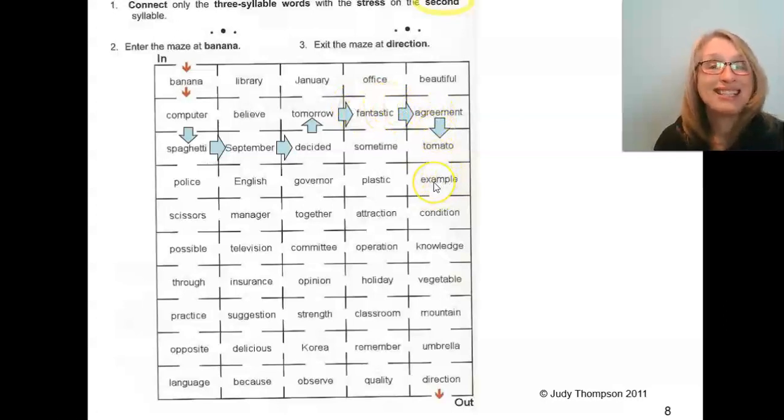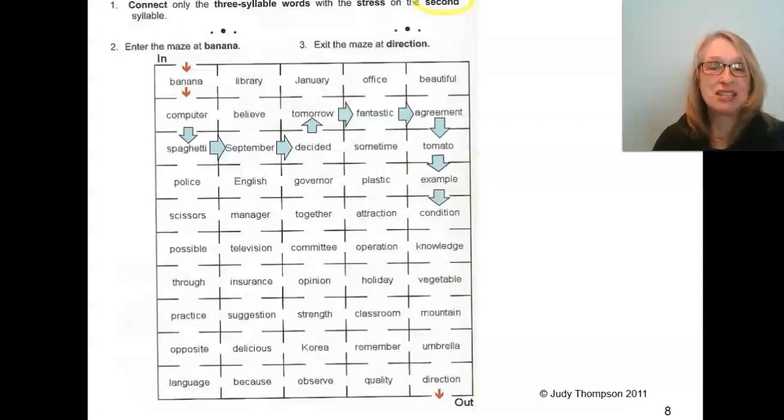This one, example. Some people have trouble with this X sound. Just think of gz, gz, like exam, exam, and example. And plastic is only 2 syllables, so of course it's not that one.